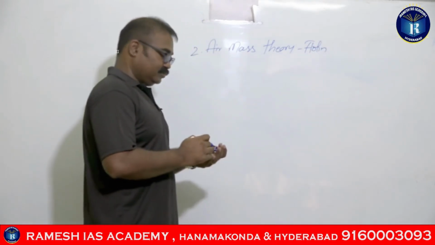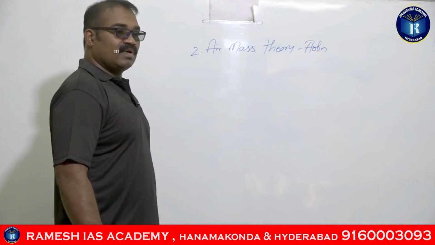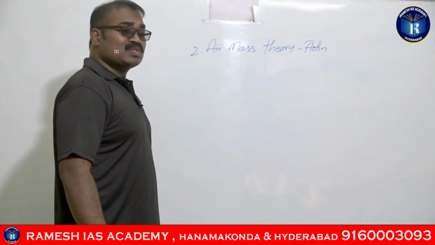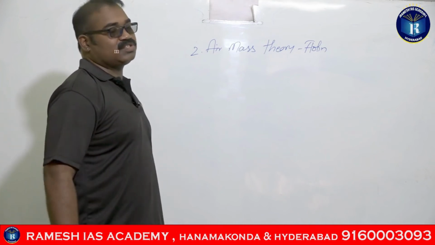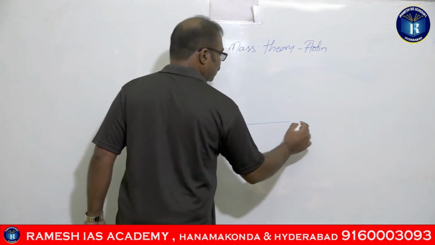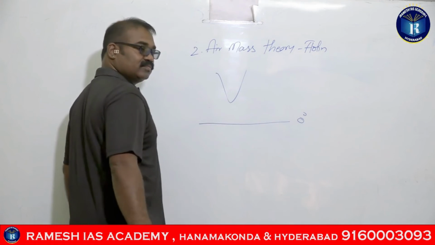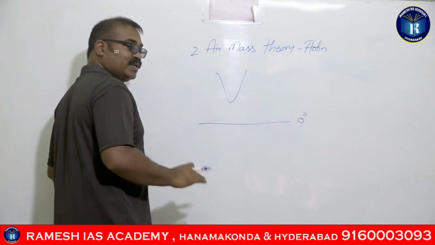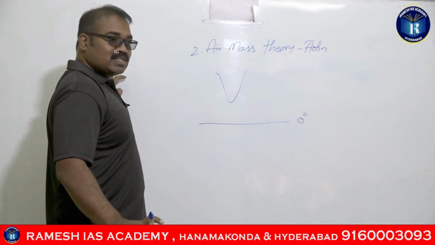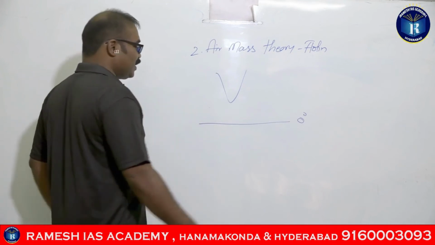So what did Flohn say? Flohn said that monsoons are nothing but the extensions of southeastern trade winds. This is the equator, this is India. He said that monsoons are nothing but the extensions of southeastern trades into the northern hemisphere.